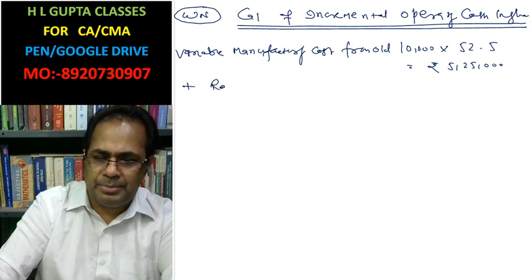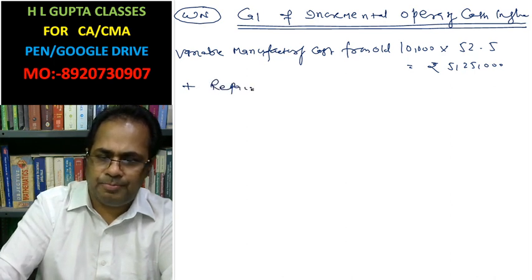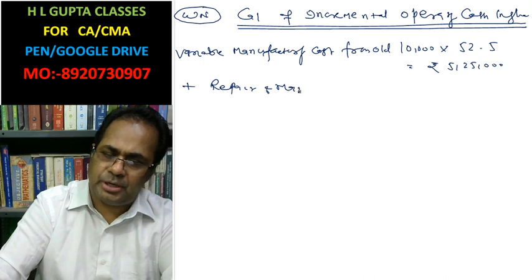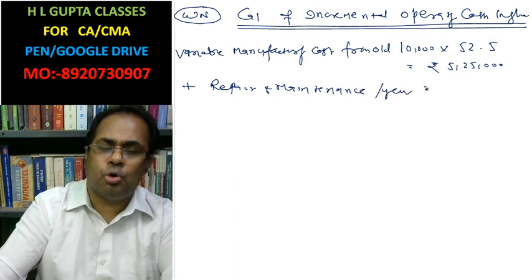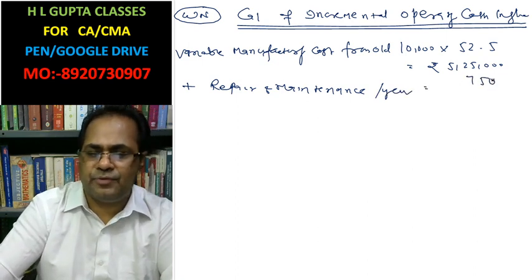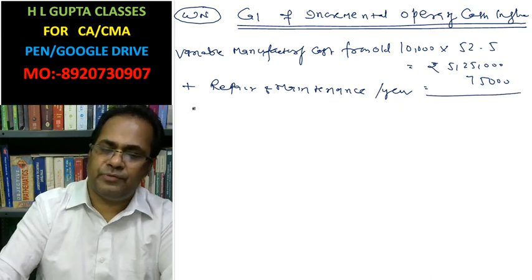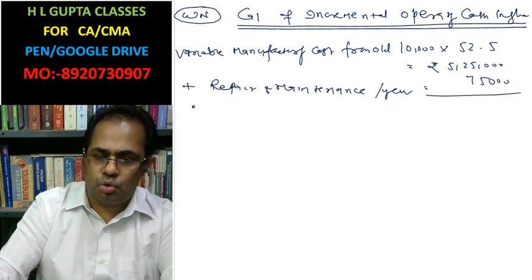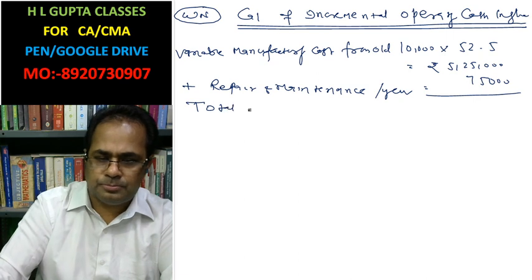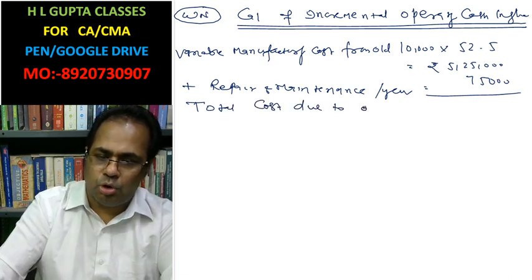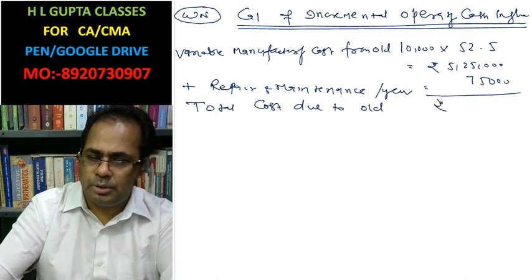Add repair and maintenance per year of old, that is 75,000. Total cost due to old, rupees 6 lakh.